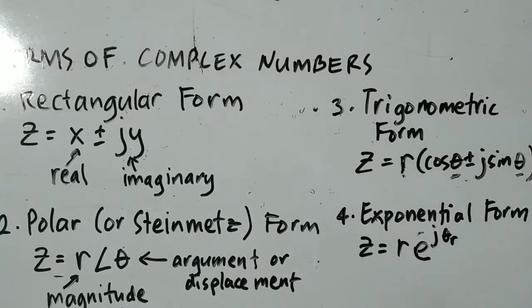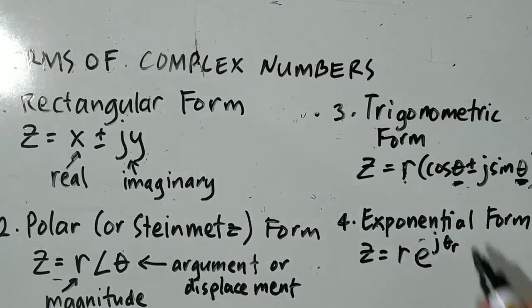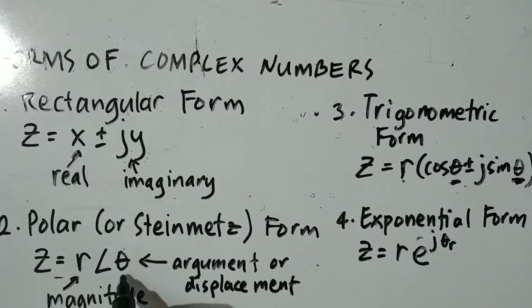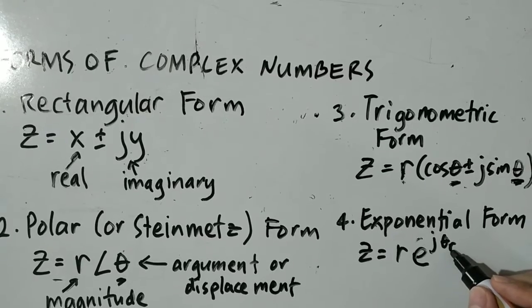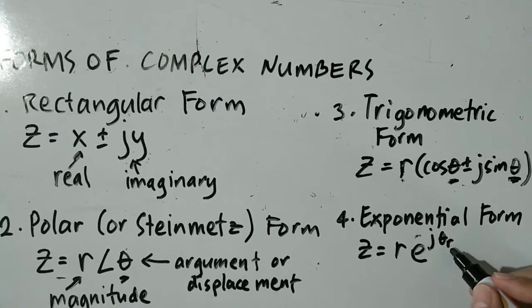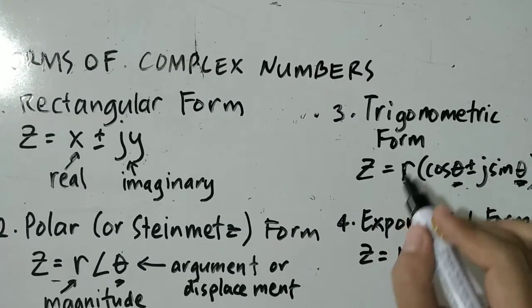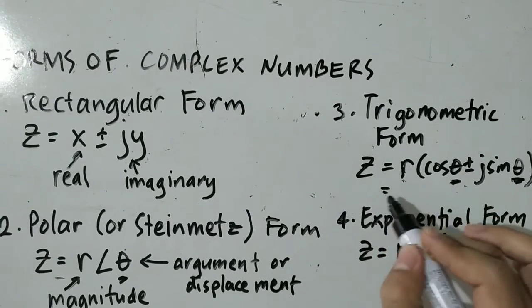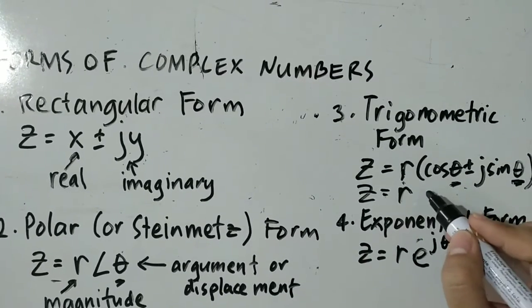However, the theta used here is the radian form of the argument or displacement used in the trigonometric form and in the polar form. So this theta is the angle in radian.